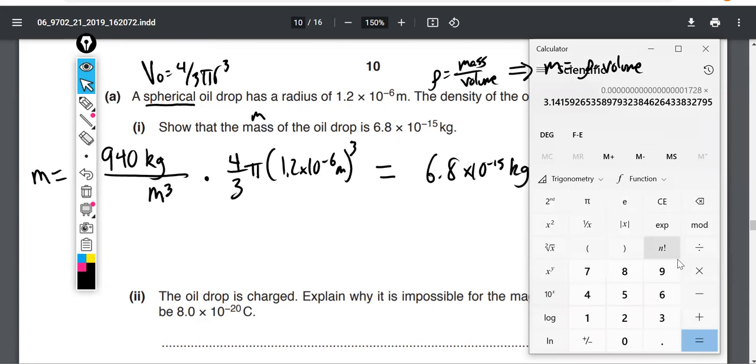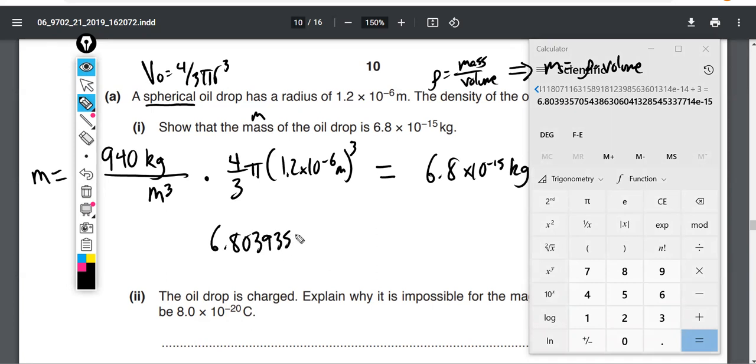Multiply it by pi, multiply it by 4, multiply it by 940, so just multiplying by everything in the numerator, and then dividing by everything in the denominator. So divided by 3, and I get a calculator value of 6.803935, as many places as you want to show here.